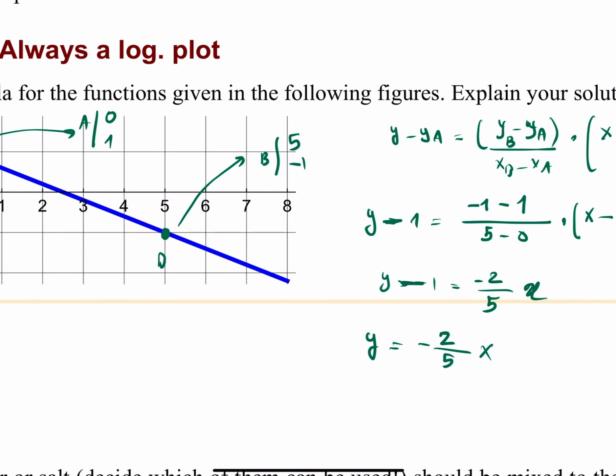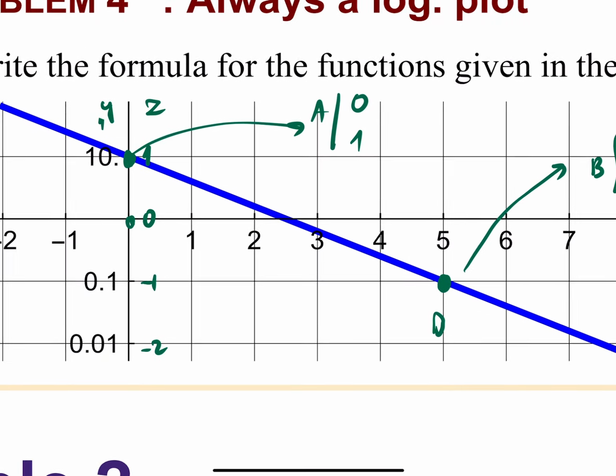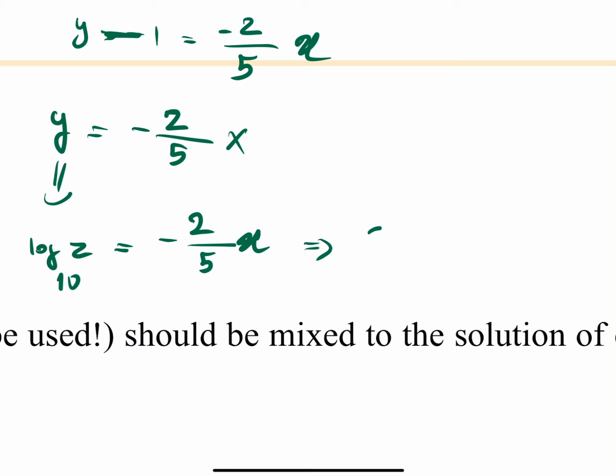But I know from the graph that the y-axis is a log. Then instead of y, I put log of z equals minus 2/5 x, because the y-axis is in base 10 logarithm. Then I can write z equals 10 to the power of minus 2 over 5 times x.